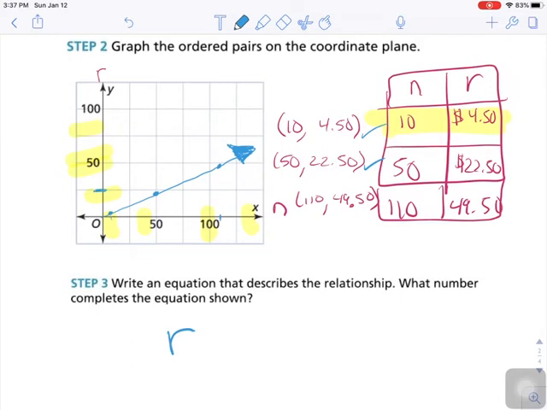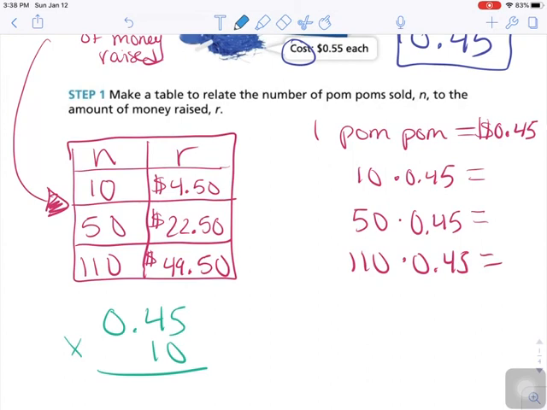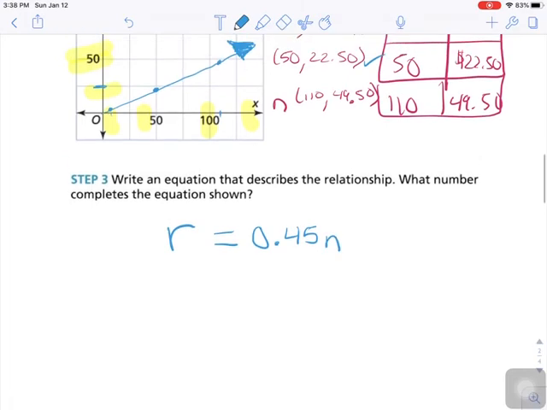How do you guys think we would be able to calculate how much money we raised? Think back about what calculation we used in step 1 to figure out how much money we actually raised. How did we figure out what our R was going to be? What we did is we multiplied our 45 cents, what we're making, by the number of pom-poms that we're selling. And so this is the equation that we can use to figure out how much money we're going to raise.